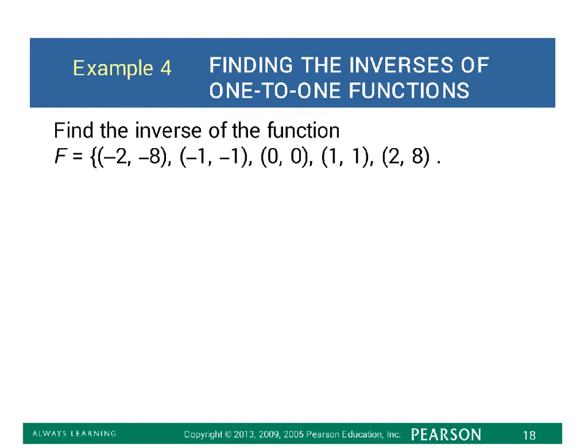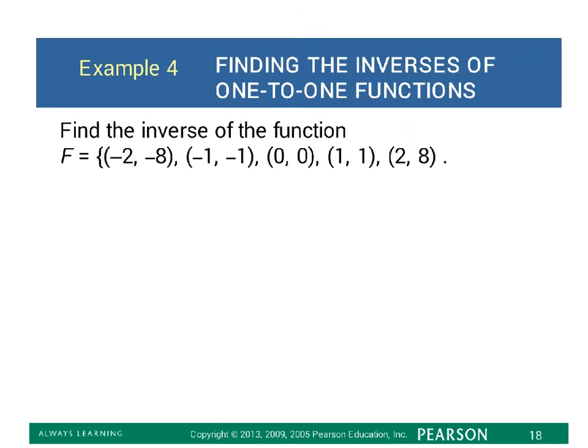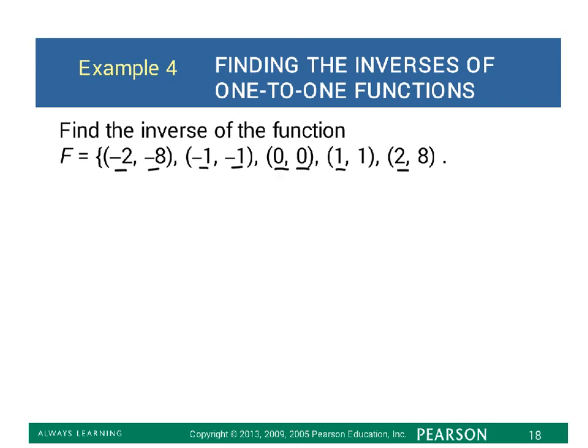If you see here, no x value repeats itself and no y value repeats itself. So that's what you're looking for. And so this right here is a one-to-one function, and that's the first step in finding an inverse.